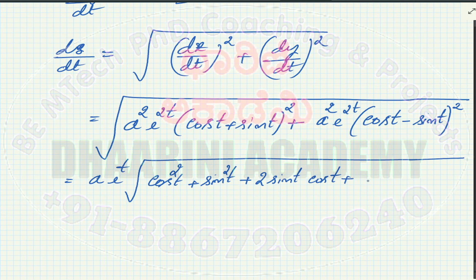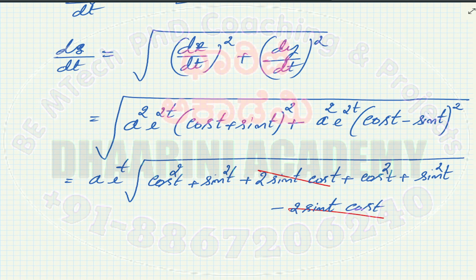I still have left with cos square t, plus sine square t, and once again under the square root only I have the next term coming up, that is minus 2 times sine t into cos t. This is still under the square root. Okay, now you see that these two terms will get cancelled.